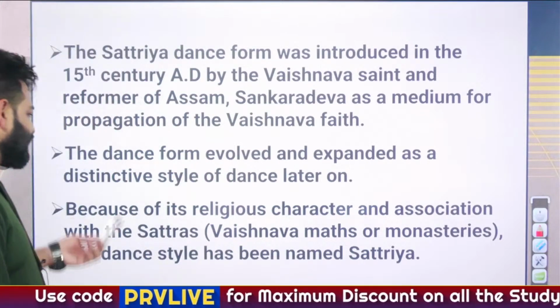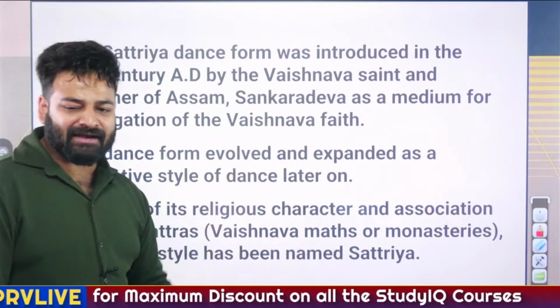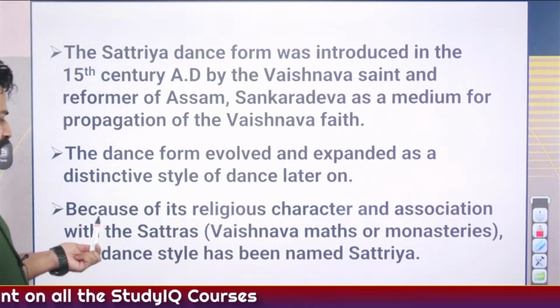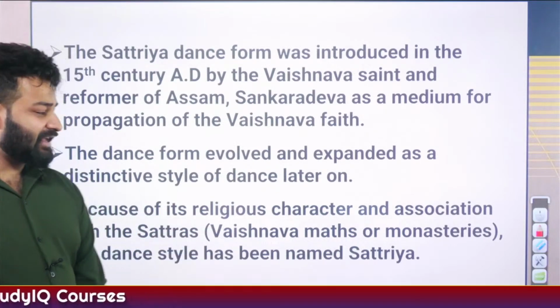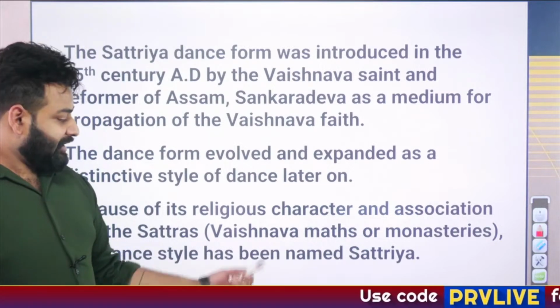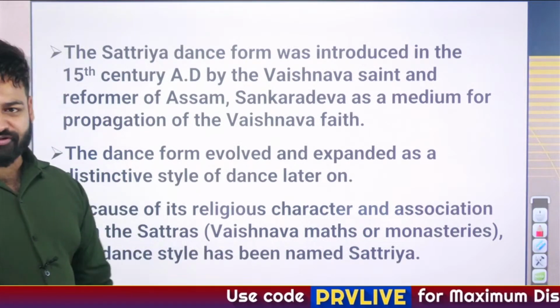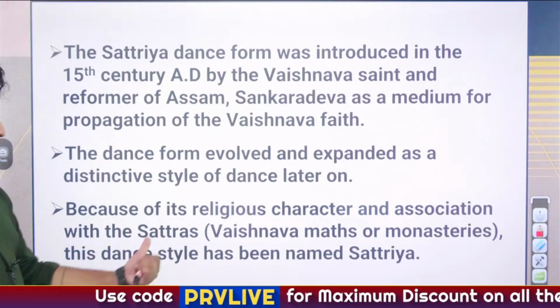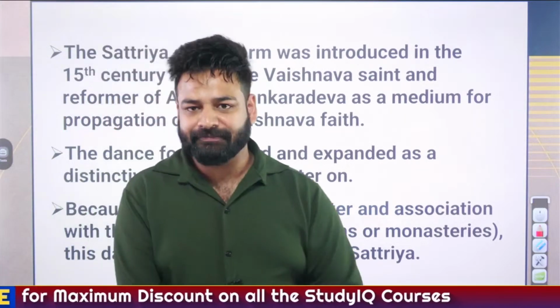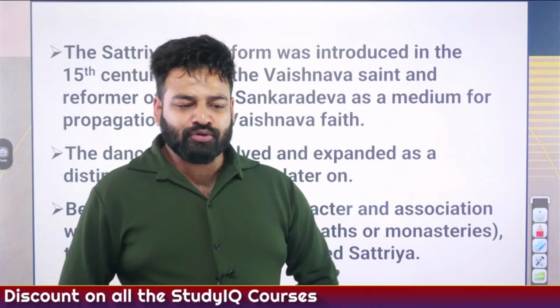The dance form evolved and expanded as a distinctive style of dance later on because of its religious characteristics and association with the Satras, that is Vaishnava mutts or monasteries. This dance style has been named Sattriya.